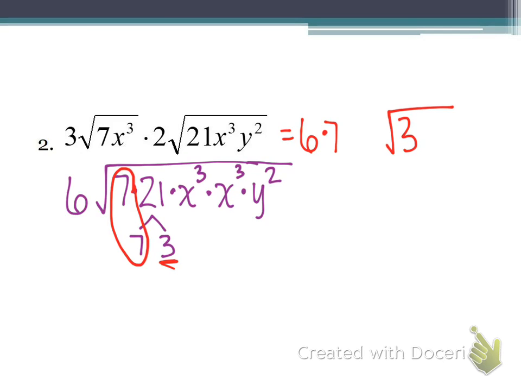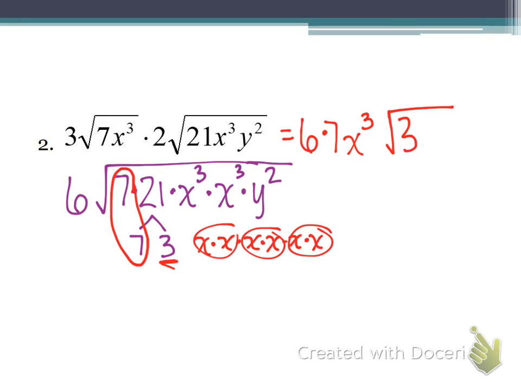So on the outside, we could write x to the 3rd power. And how many x's would we have left over? None. So we don't put any on the inside. Are we okay with that?